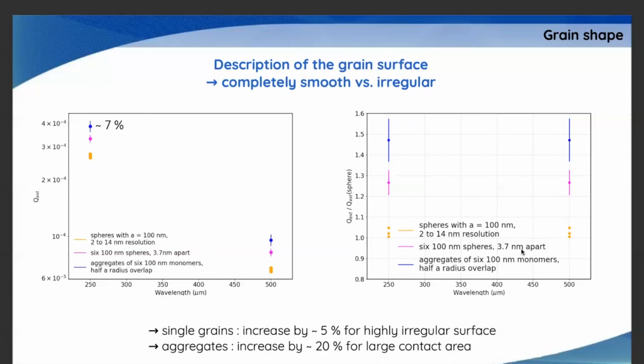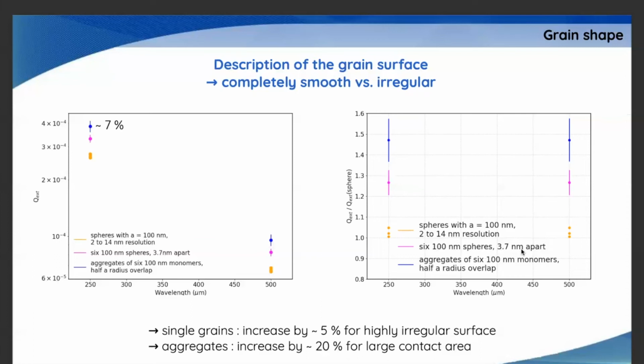And to confuse you a bit more, here where I wrote 7%: if I take an aggregate of 6 monomers of 0.1 micron, there are many ways of arranging 6 monomers to make an aggregate, even if you keep the fractal dimension constant.